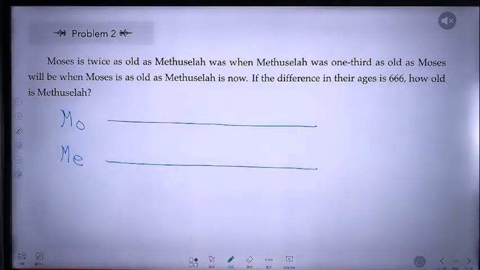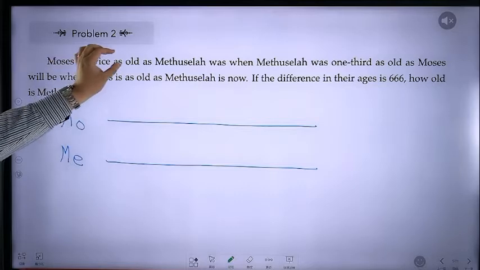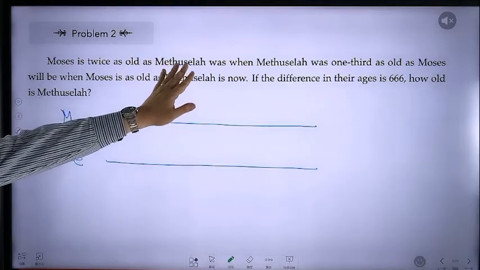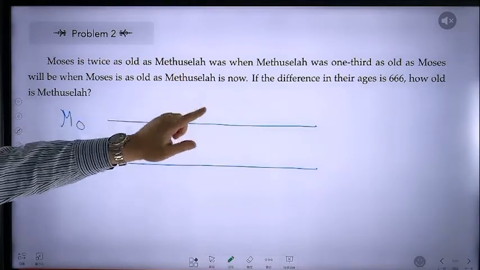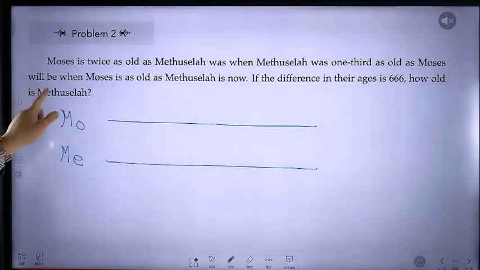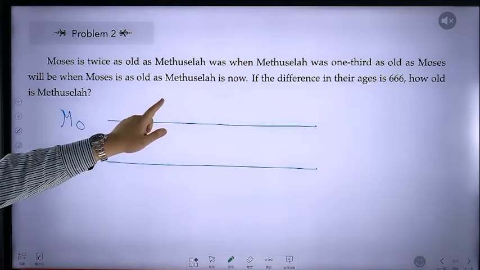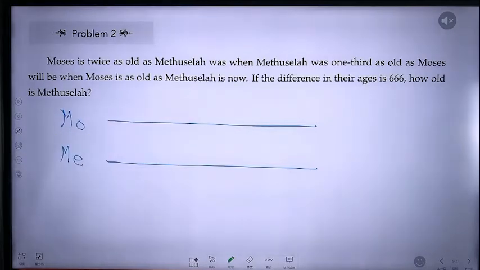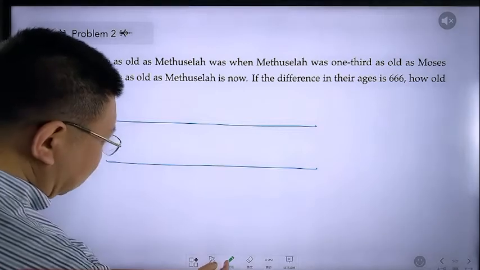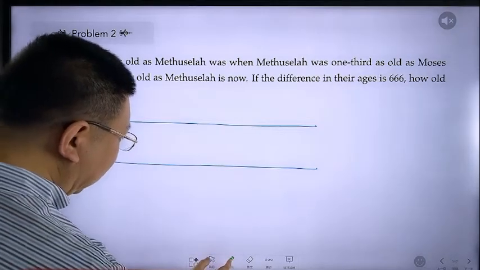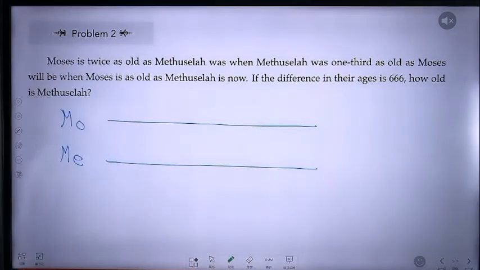Okay, so the sentence reads: MO is twice as old as MO was when MO was 1/3 as old as MO will be when MO is as old as ME. After I read this sentence 3 times, I finally figured out that there are not that many conditions.